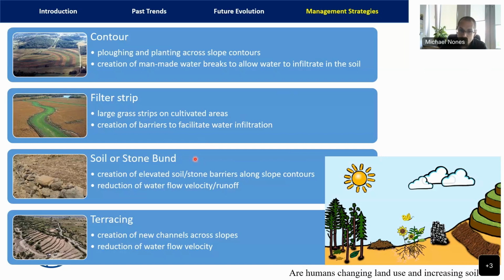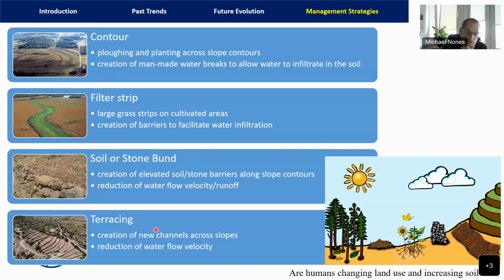Basically, those are physical barriers, elevated soil or stone barriers that are built along the slope contours and are similar to what you saw in the first video in the middle of the bottle. Those barriers tend to reduce the flow velocity and runoff. So also in this case, the idea is to stop the turbid water, the water with sediment, from moving downstream.